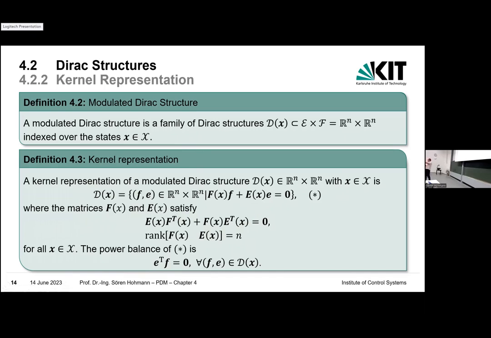We can have a different perspective on this and say, okay, take all variables F and E out of the vector space Rn cross Rn, and then this equation forces F and E to live in a subspace. And therefore we have a geometric perspective, which you all learned in high school mathematics and in the first semester of the bachelor's degree.